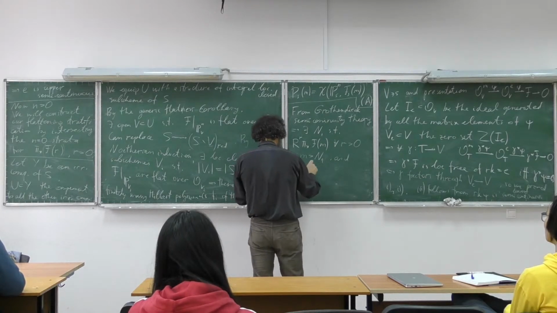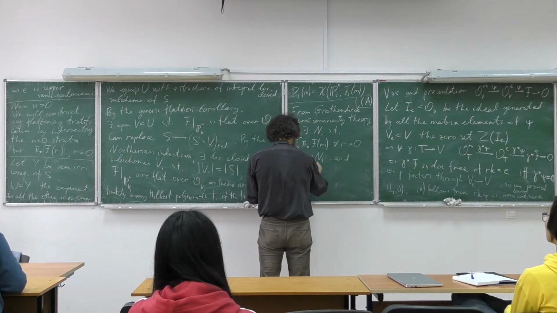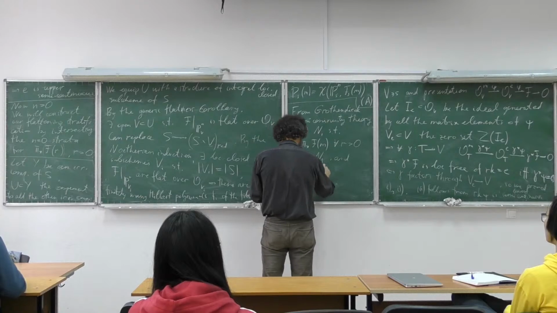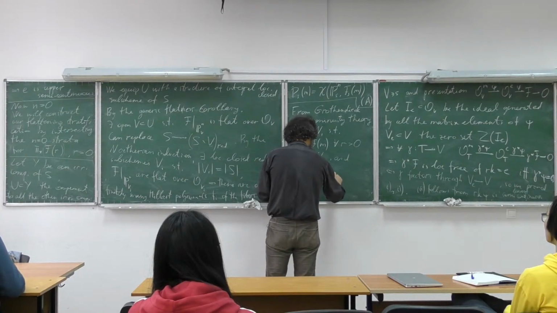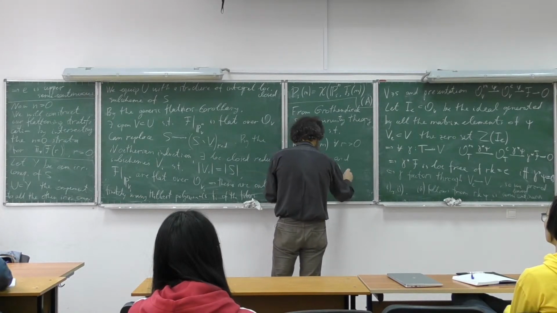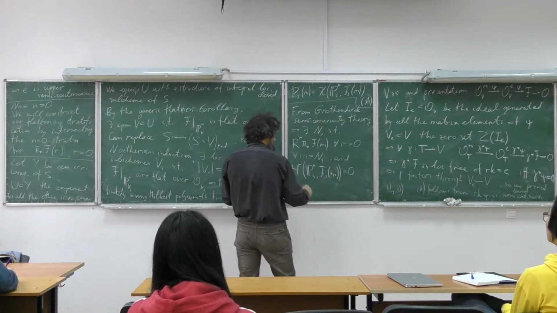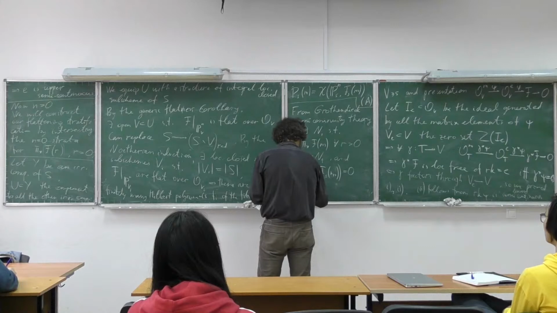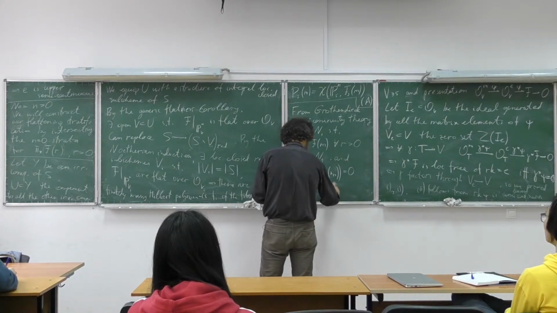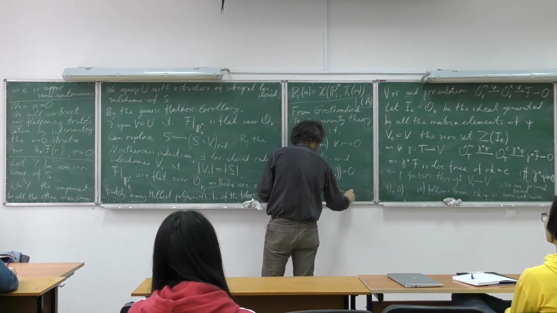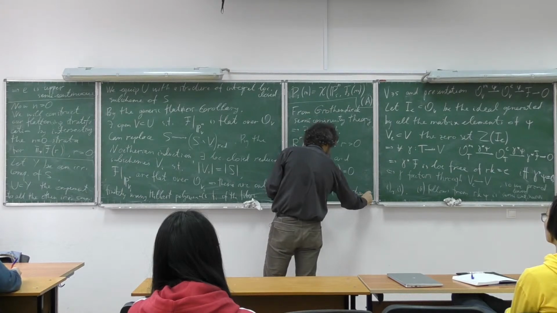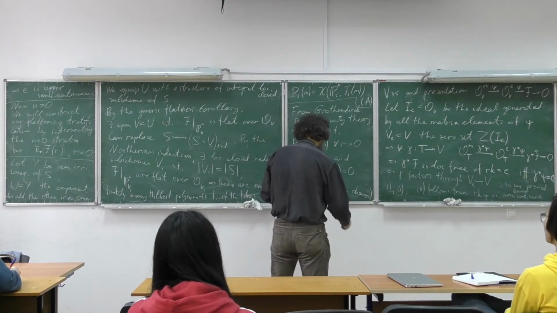So the cohomology of all the fibers are also zero under the same assumptions, for all the fibers. And this is property B.